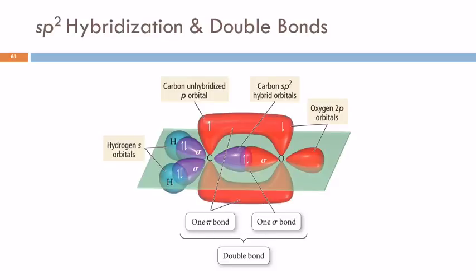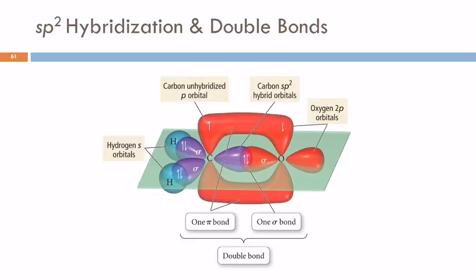And that's what makes a double bond between the carbon and the oxygen. The first bond is an end-to-end overlap of a p orbital on oxygen with an sp2 hybridized orbital on the carbon. And then the unhybridized p orbital on the carbon and the unhybridized p orbital on the oxygen overlap side to side.